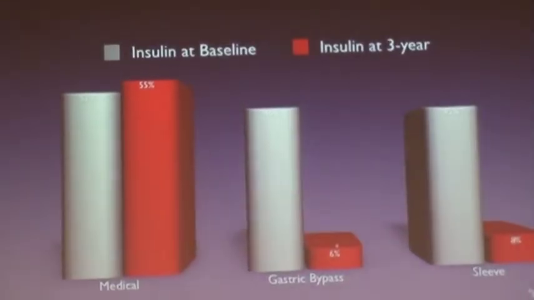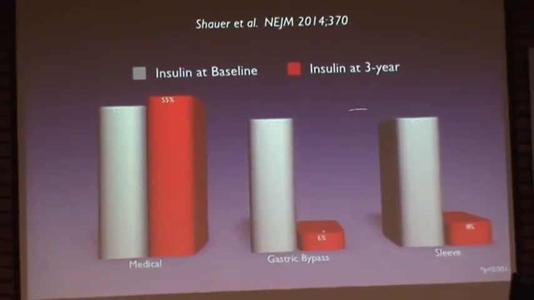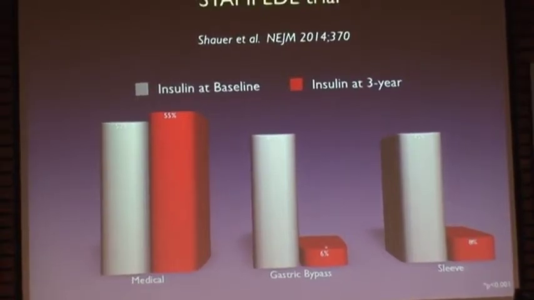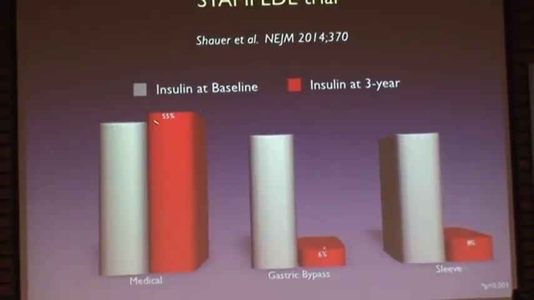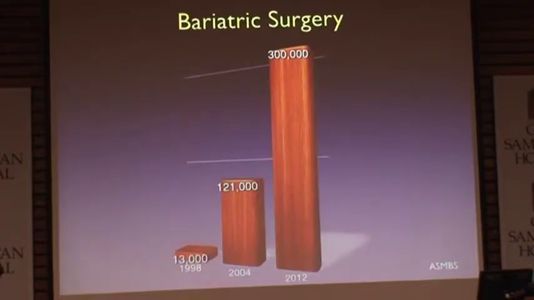Even when patients were on insulin, and about half of the patients in each of these groups began with taking insulin, but 3 years later, well, in the medical arm, the number actually increased, but in the surgical arm, significantly dropped.